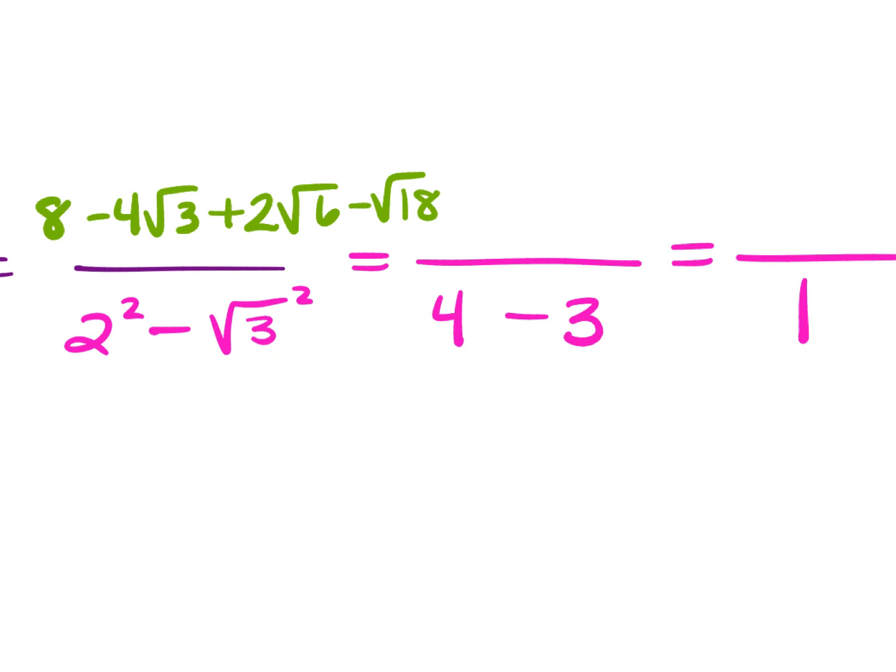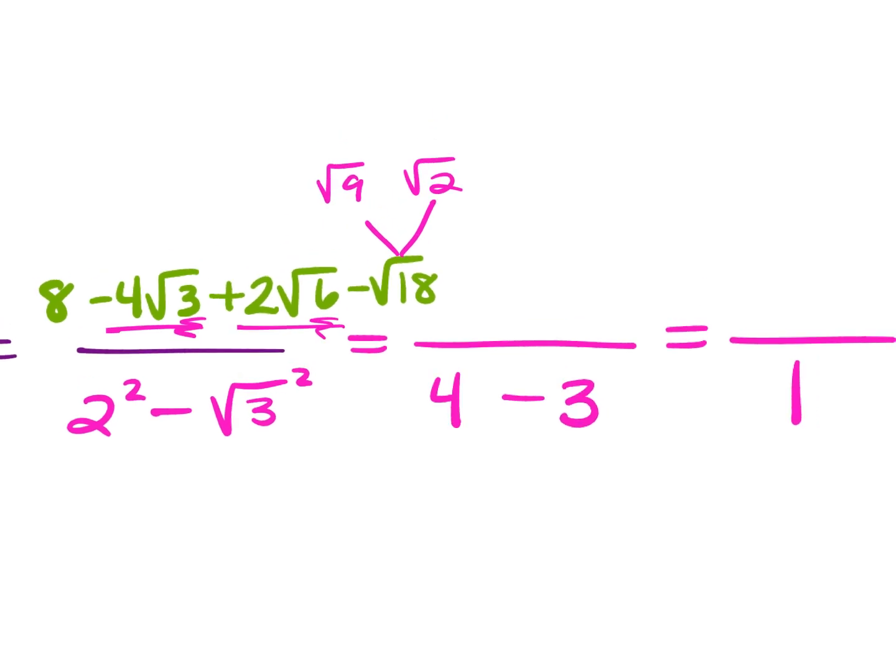It doesn't have to. You go as far as you can go. So really the only thing that you can break down here is the square root of 18. You can't combine these guys because one's a 3 and one's a 6. Those are not combinable. But the square root of 18 is the square root of 9 times the square root of 2. So that would be 3 times the square root of 2.